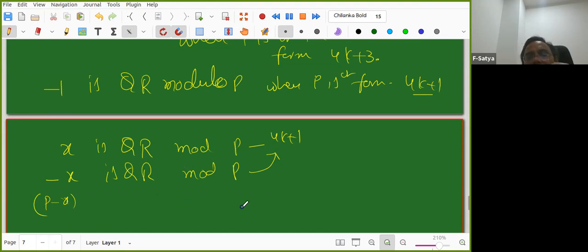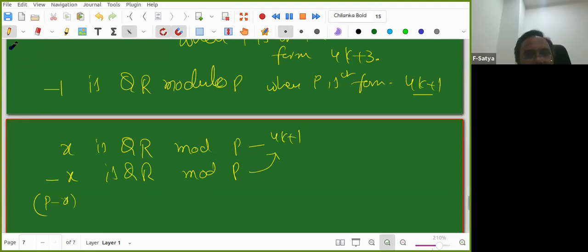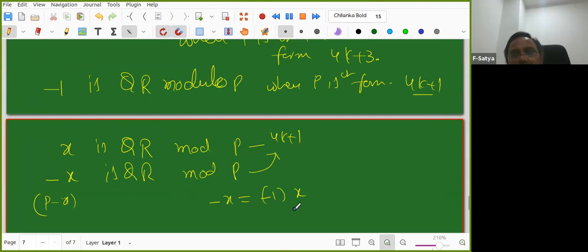We did that part in this class only. Minus x equals, how do you write, minus 1 into x, right? Now can you tell the proof?